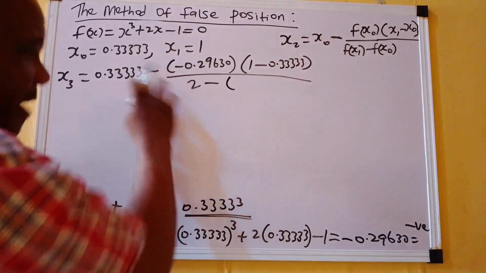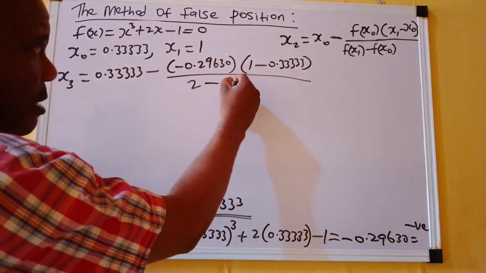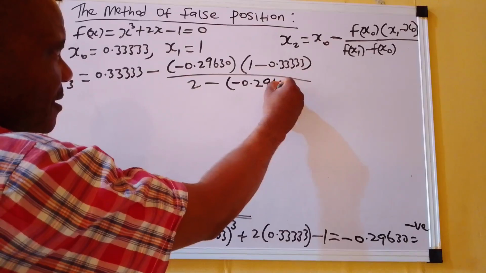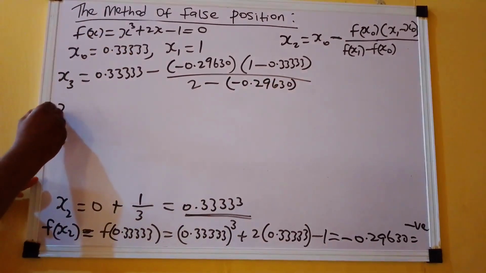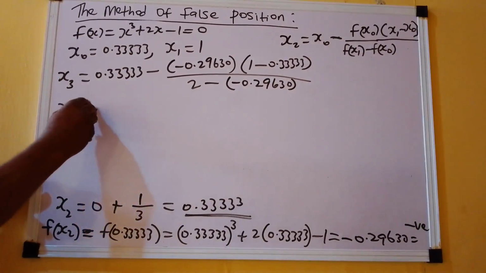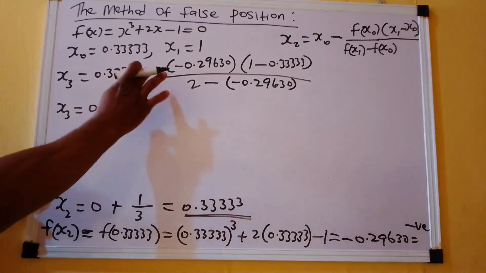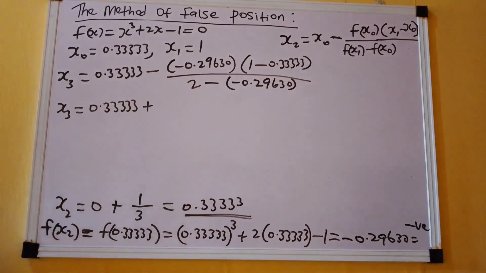Then of course f of x0, f of this value is minus 0.29630. So when you have that, our x3 will be equal to 0.33333 minus times minus, of course, will become plus. So that will become plus.